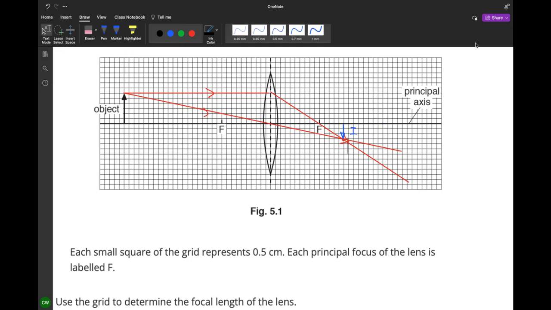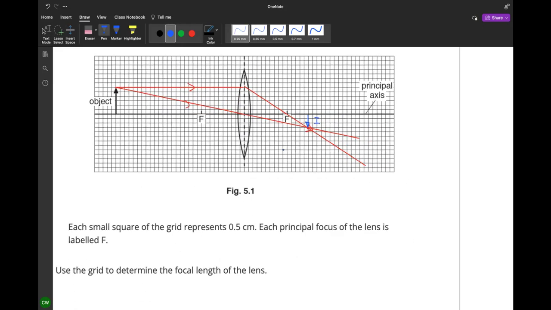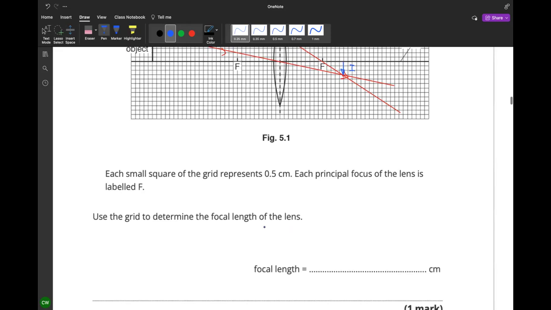Okay, use this to determine the focal length.